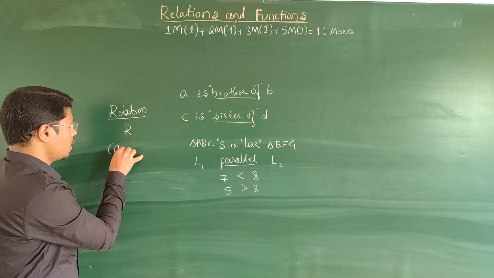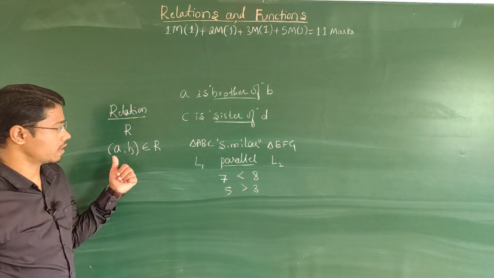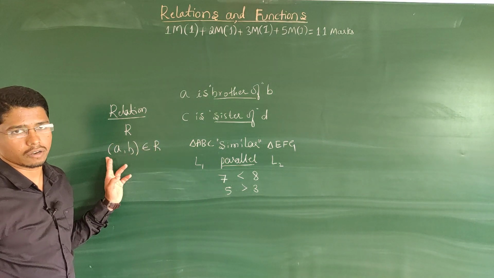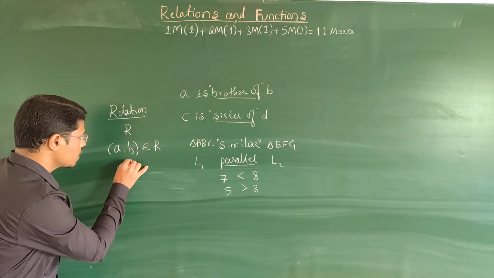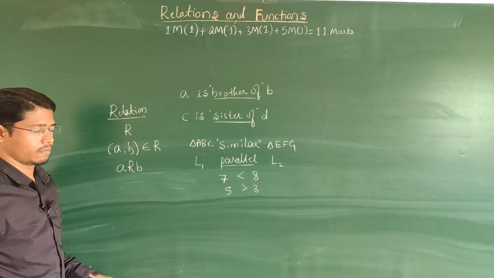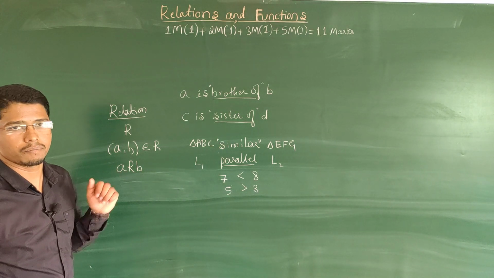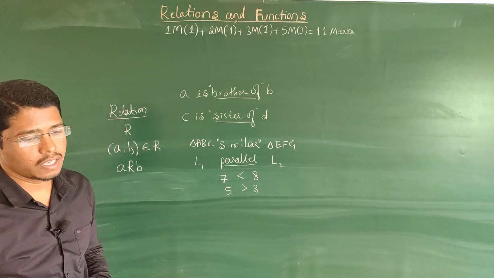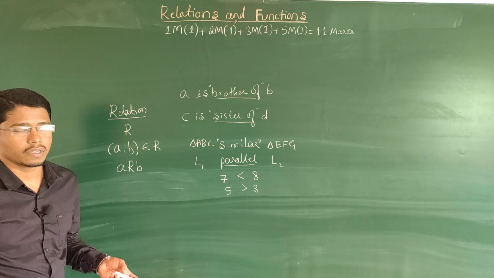So (a, b) belongs to R means a is related to b. We can read it as a is related to b.